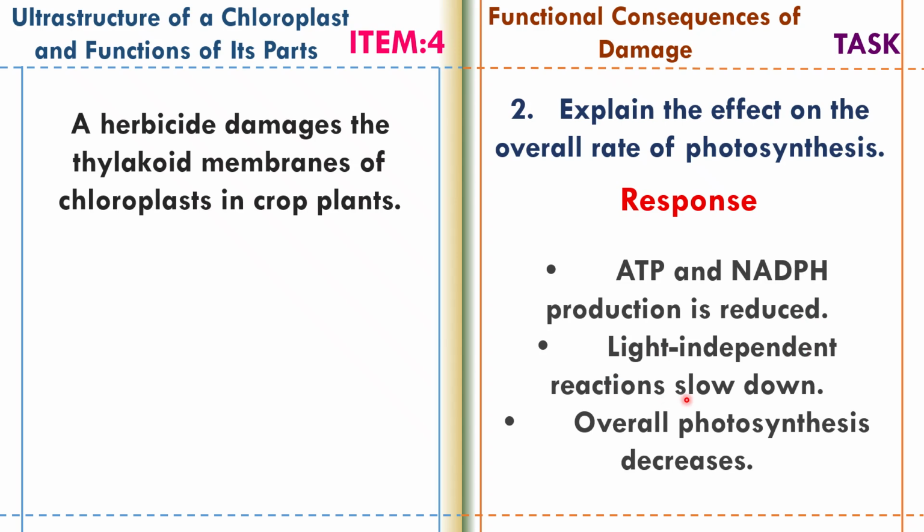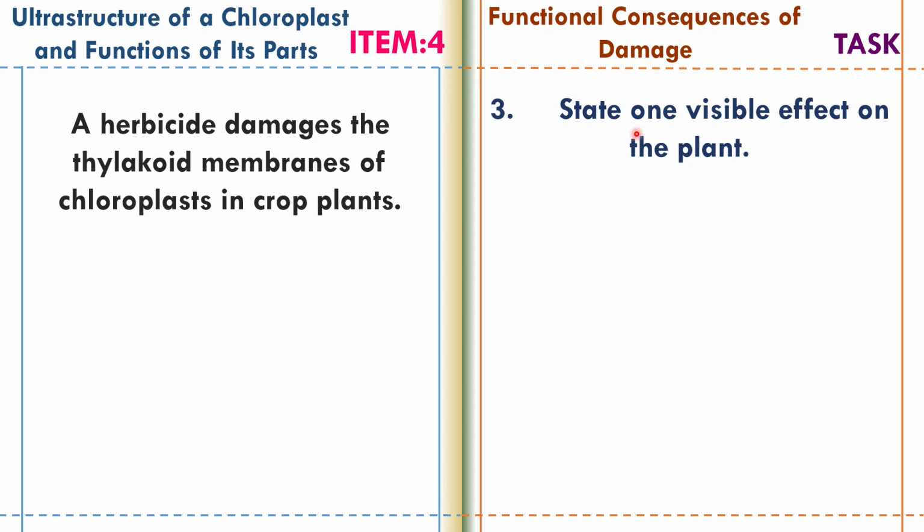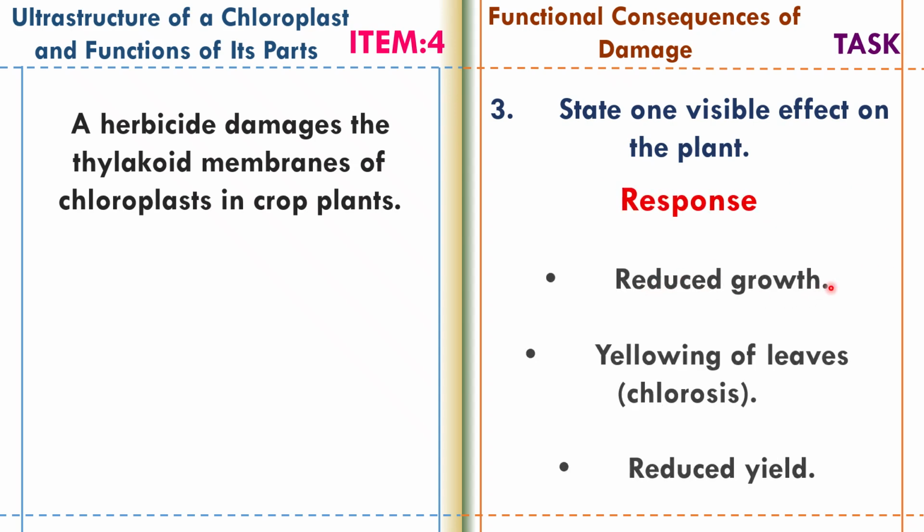Light-independent reactions slow down. Overall photosynthesis decreases. State one visible effect on the plant. There is reduced growth, yellowing of leaves, which is chlorosis, and reduced yield.